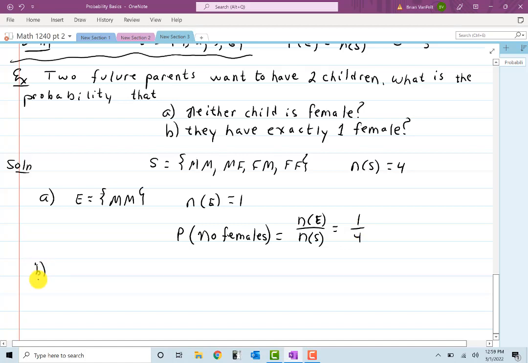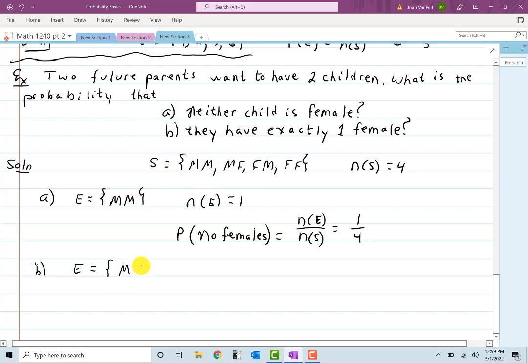For part B, here the event is a little bit different. Now we want exactly one female. So look across all the possible outcomes and see which one of these have exactly one female. There's two females. There's no females. So these two in between are the only ones that involve exactly one female.